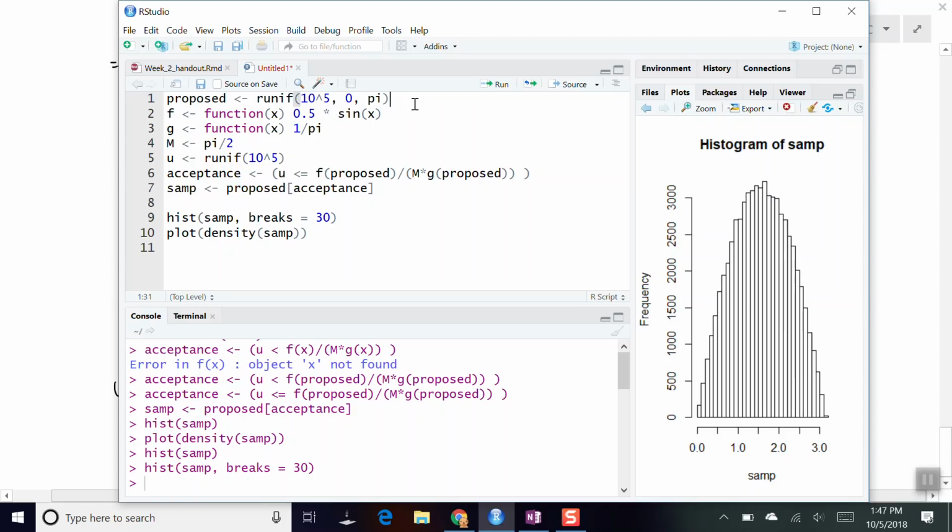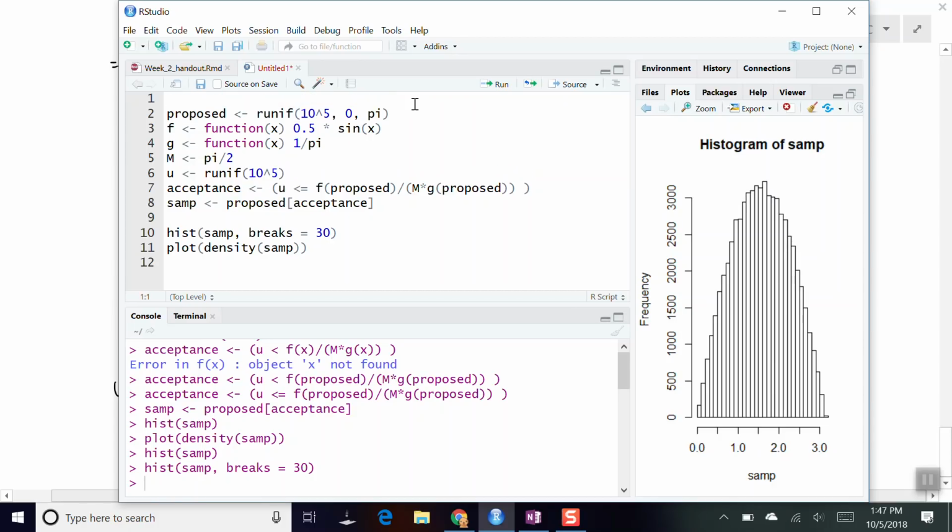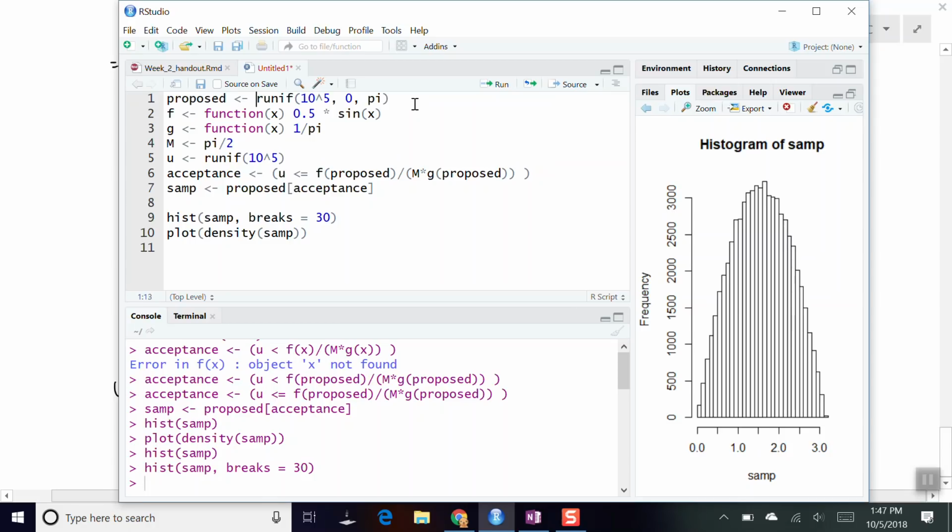U1 will be, well, here we'll just do random exponential. So our proposal will come from random exponential, and we'll do 10 to the 5th, rate equals 1.